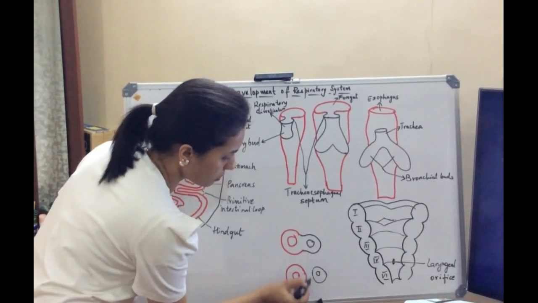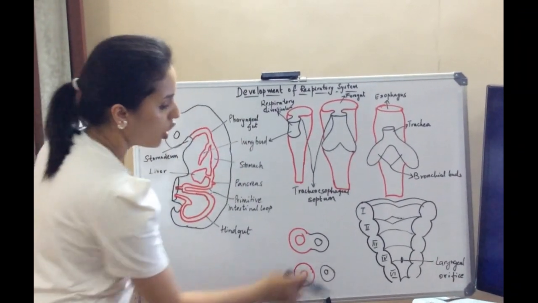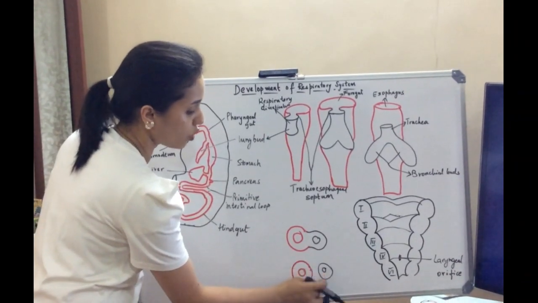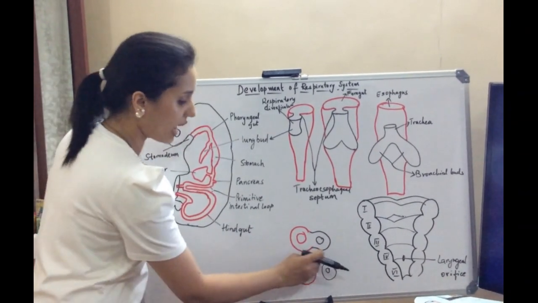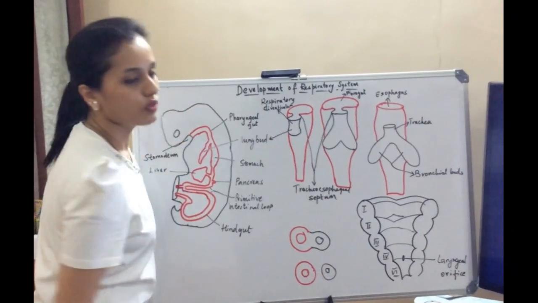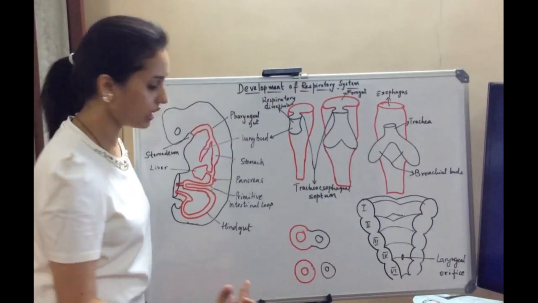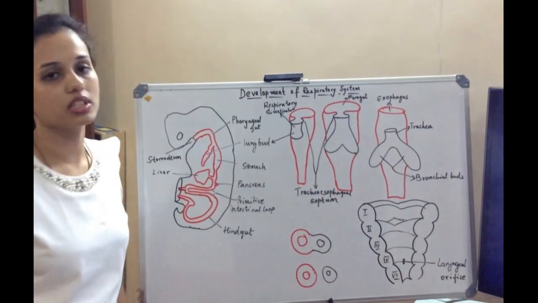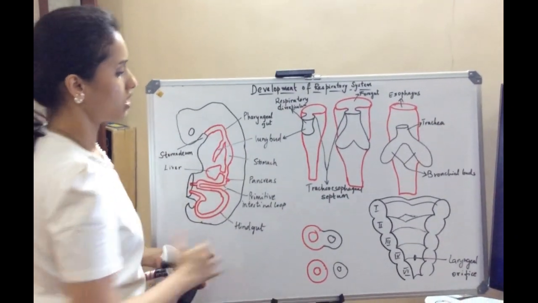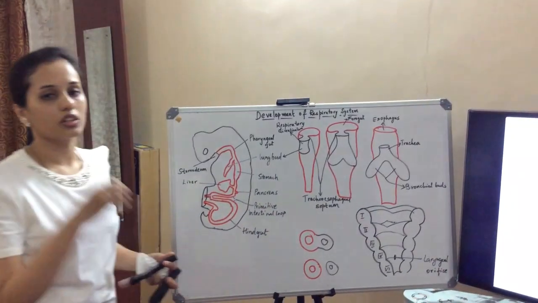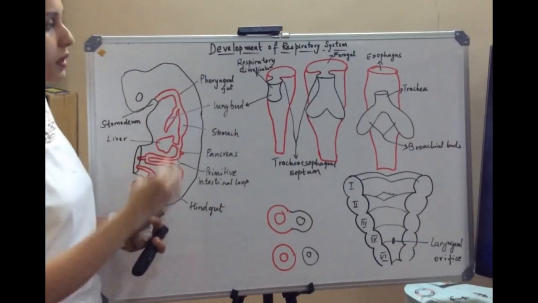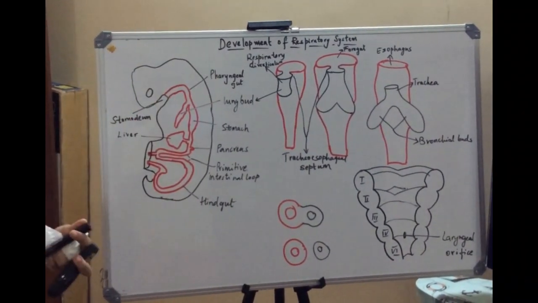The septum is formed exactly at the center. So this is the tracheo-esophageal septum, which divides the two tubes. Ventrally it forms the trachea and the lung bud, and dorsally it forms the esophagus. This formation of the septum is a very important step in the development of the respiratory system.